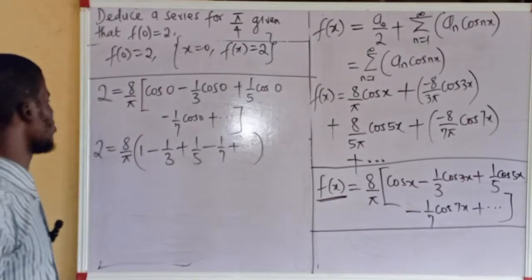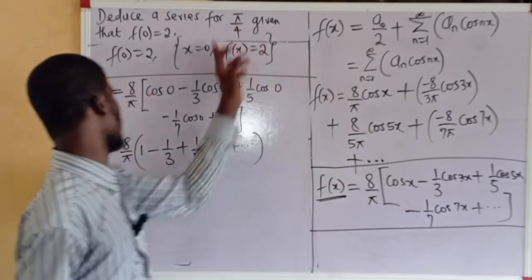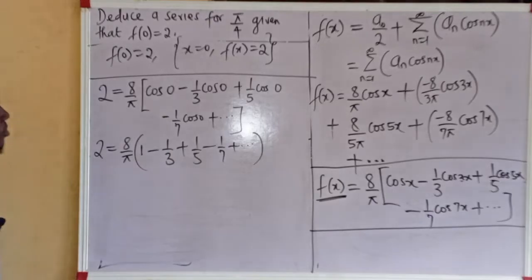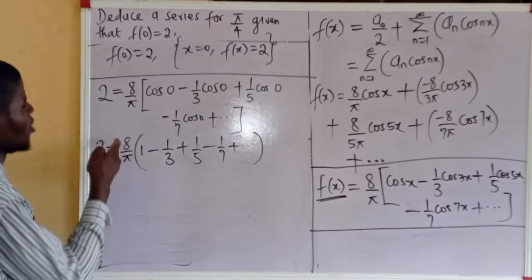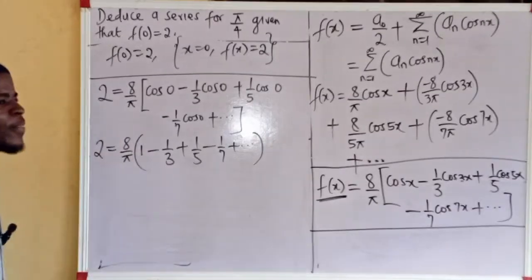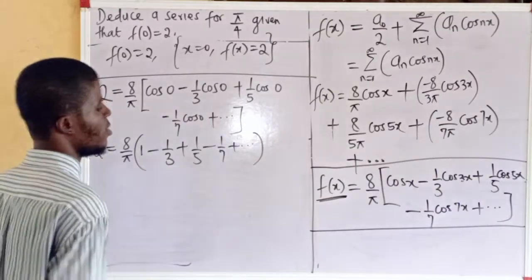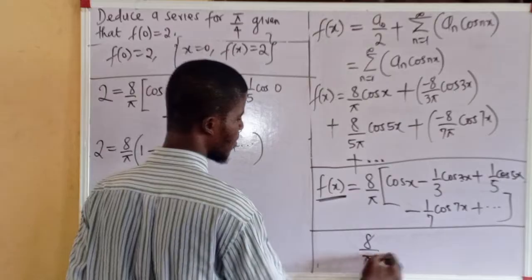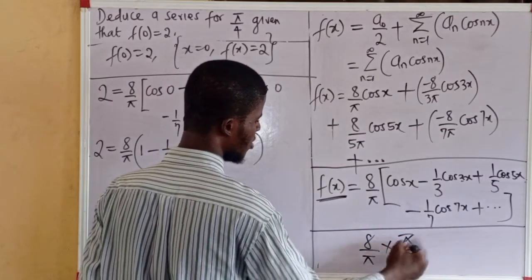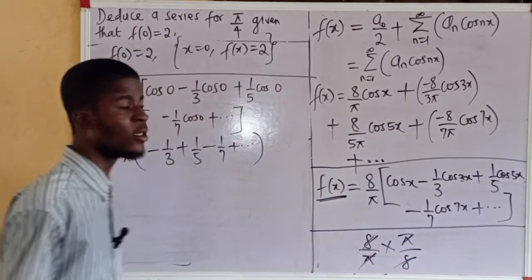So we have to deduce a series for pi over 4. Let us cross multiply. I want to remove this 8 over pi from here by multiplying both sides by pi over 8. If I multiply 8 over pi by pi over 8, it will cancel out, giving me 1.